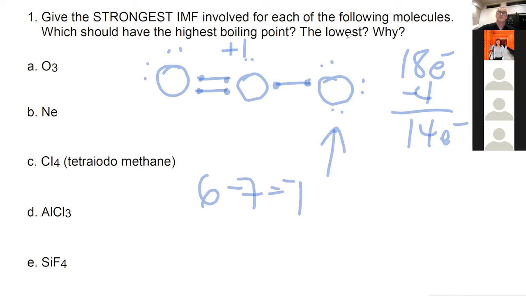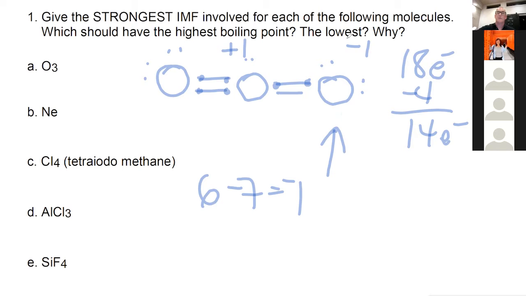So that oxygen has a charge of -1. So the suggestion is we take a pair of electrons from the oxygen with the minus charge and make a double bond, right? Let's try that. All right, so we move that pair and make another bond.